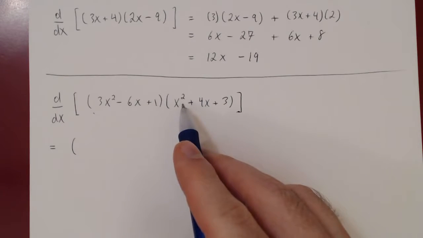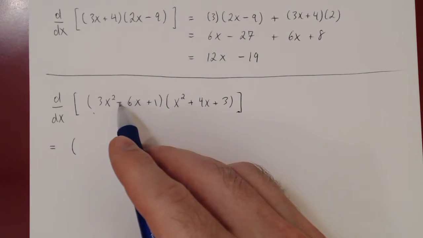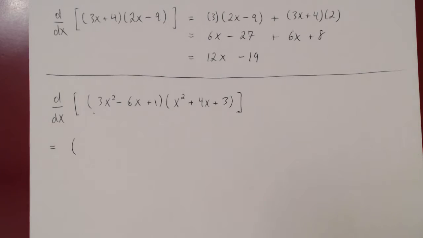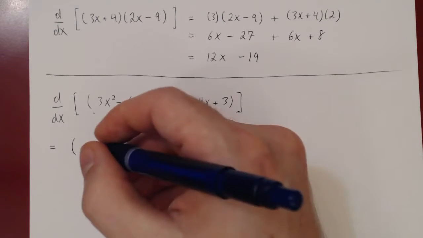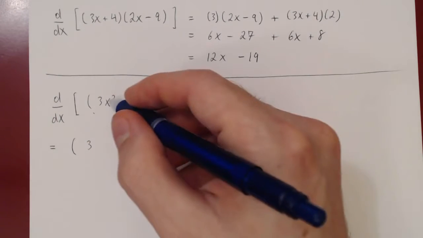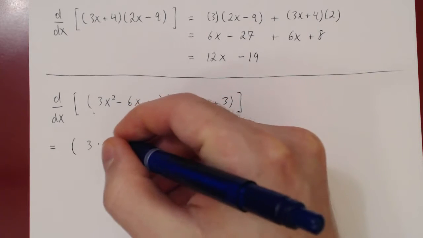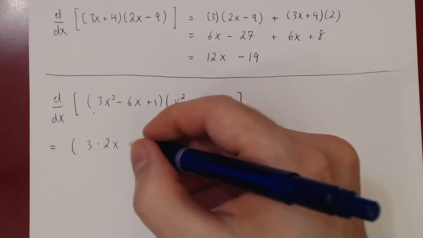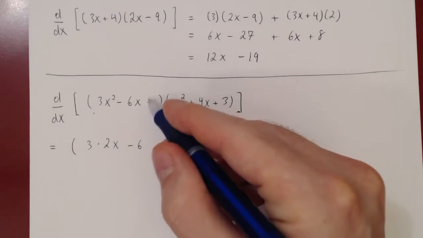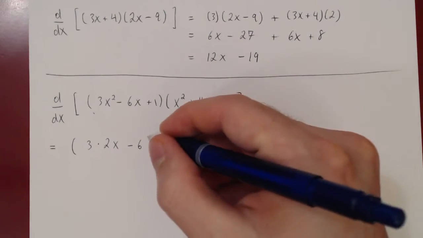Let's differentiate this one term at a time, right? The derivative over a sum or difference of functions is the sum and difference of the derivatives. So 3 is a constant multiple, it stays there. So it's 3 times the derivative of x squared, which is 2x, minus the derivative of 6x, this is 6, plus the derivative of 1, which is 0.